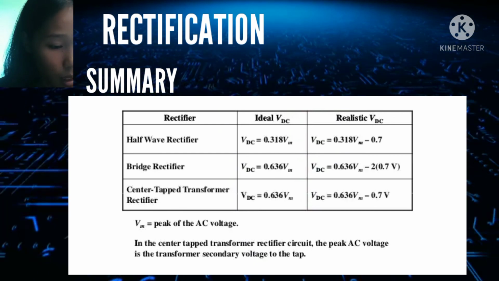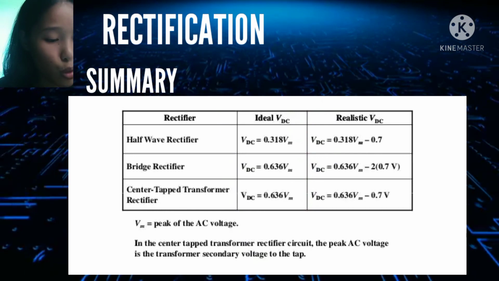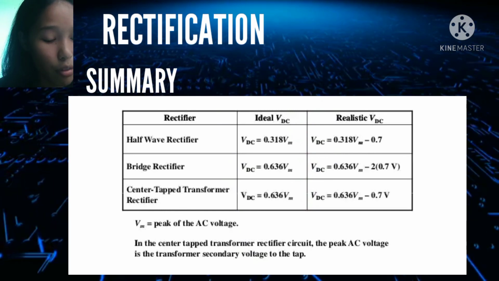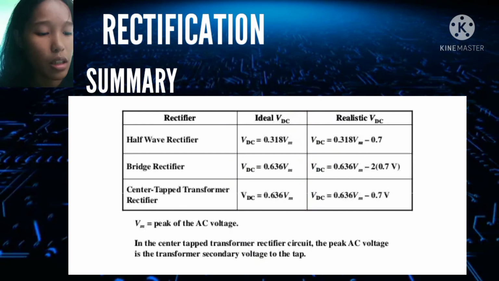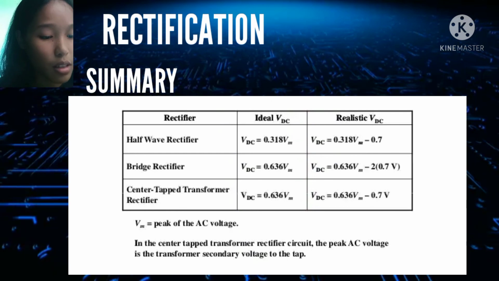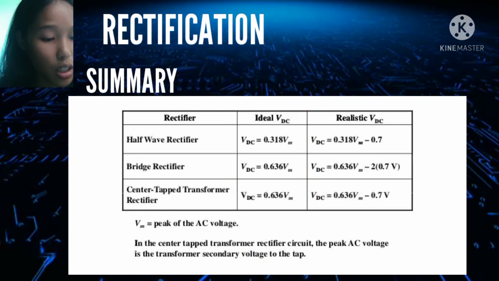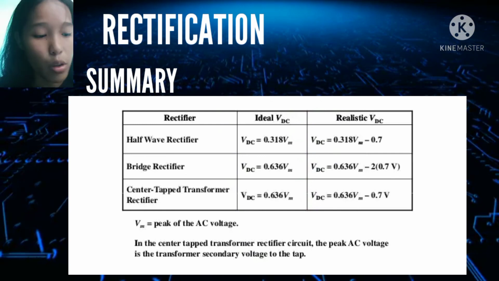And for the realistic VDC, 0.636 VM minus twice the 0.7 volts. For the center tap transformer rectifier, the VDC is just equal to the bridge rectifier, 0.636 VM, and its realistic VDC will be equal to 0.636 VM minus 0.7 volts.